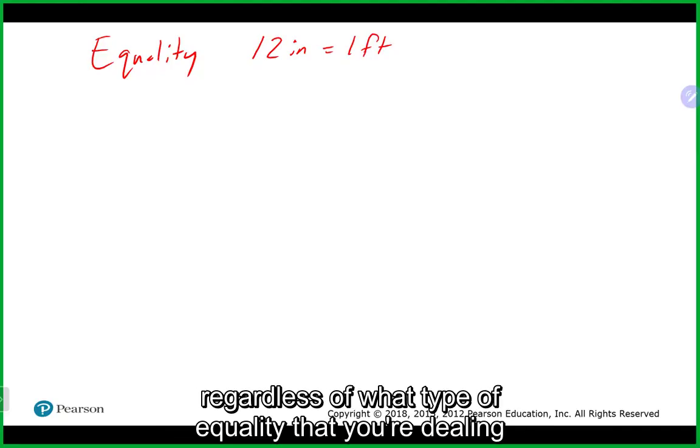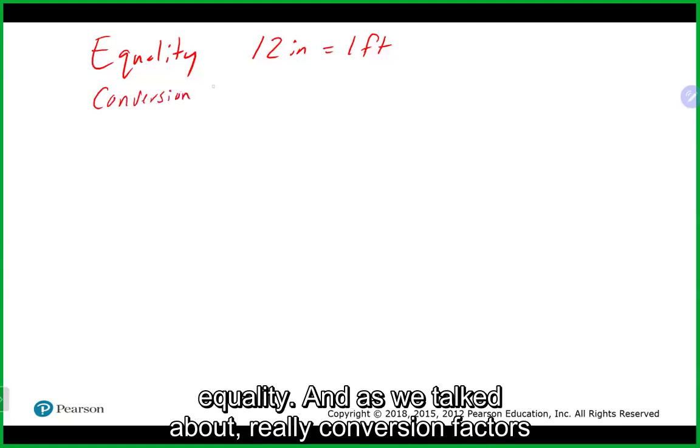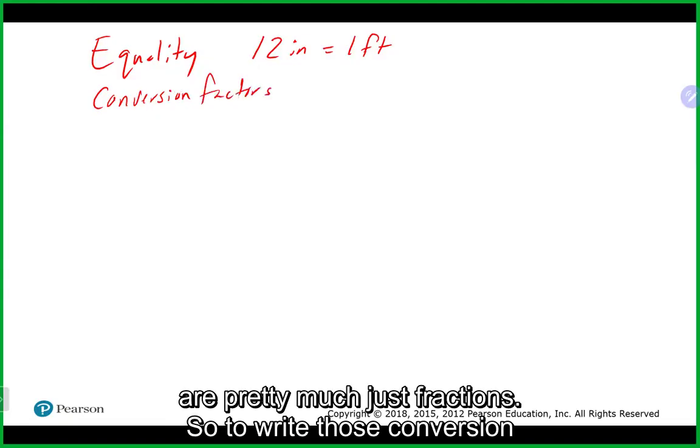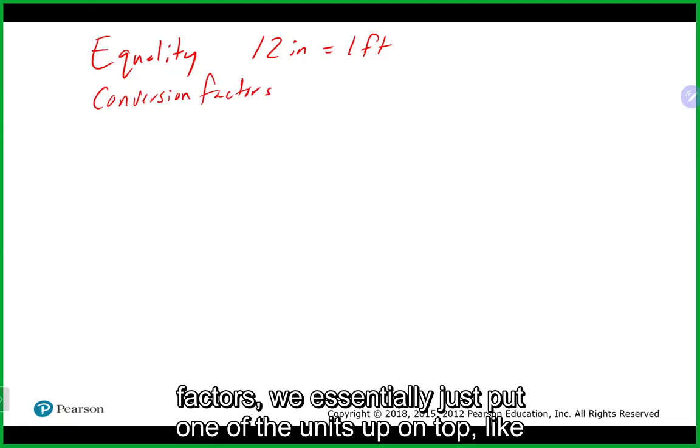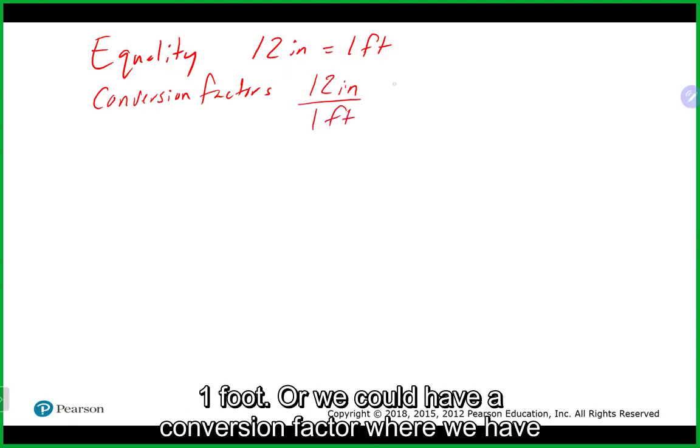And regardless of what type of equality you're dealing with, you can always write two conversion factors from any equality. And as we talked about, conversion factors are pretty much just fractions. So to write those conversion factors, we essentially just put one of the units up on top, like in this case 12 inches, and the other unit on the bottom, like 1 foot.